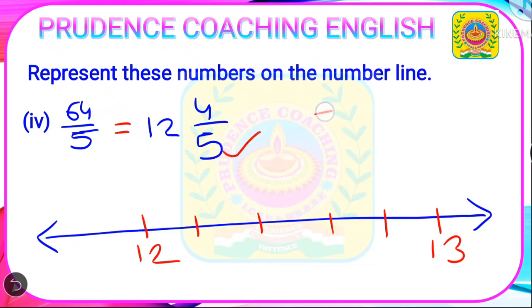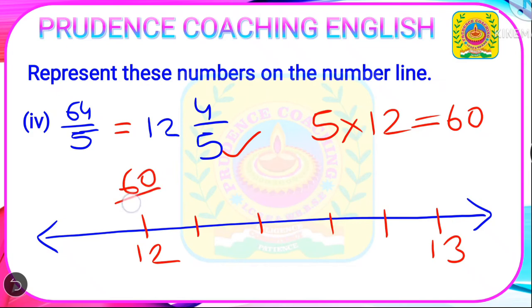We all know that 5 12s are 60, and if we divide 60 by 5, we will get 12. So first, this number can be represented by 60 by 5. Next will be 61 by 5. Next will be 62 by 5. Next one will be 63 by 5.